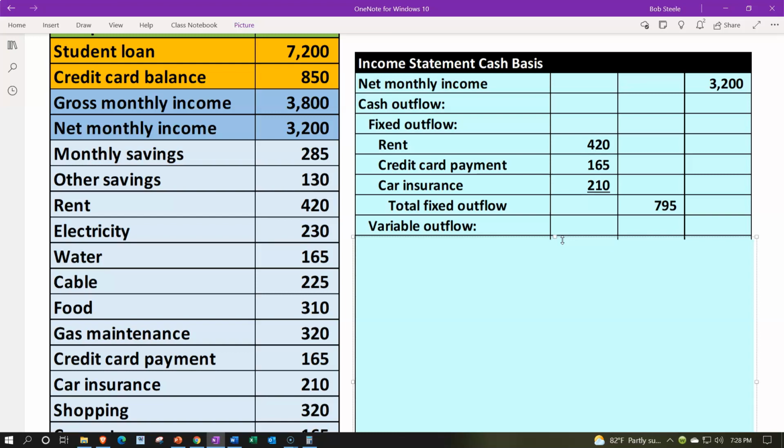Obviously, we can't do that one-to-one relationship here, but what we can do is think about the variable costs as things that might change as our income goes up. So typically, as income goes up, we'll spend more. And you might also think about this as the items that you have more control over than the fixed costs.